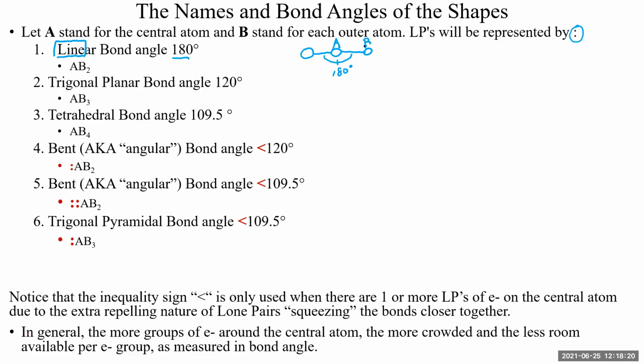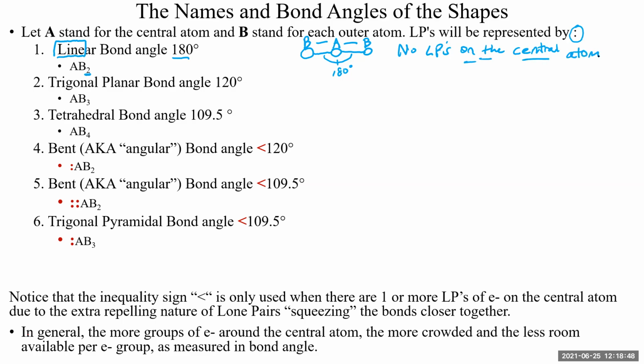You will have only exactly 2 outer atoms, and you will have no lone pairs on the central atom. This is a necessity. Everything here that you see about this is absolutely required. You must have exactly 2 outer atoms, no more, no less, and you must have no lone pairs on the central atom.